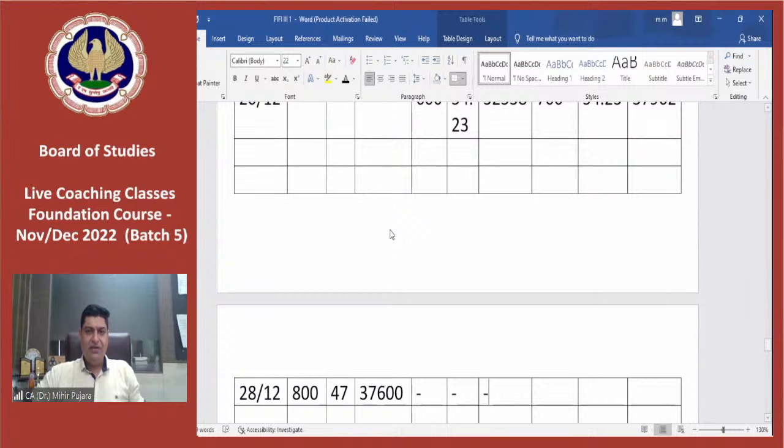Yes, 50.37. So 1500 will be our units. Cost will be 75,562. Yes, perfect. And the rate is 50.37.